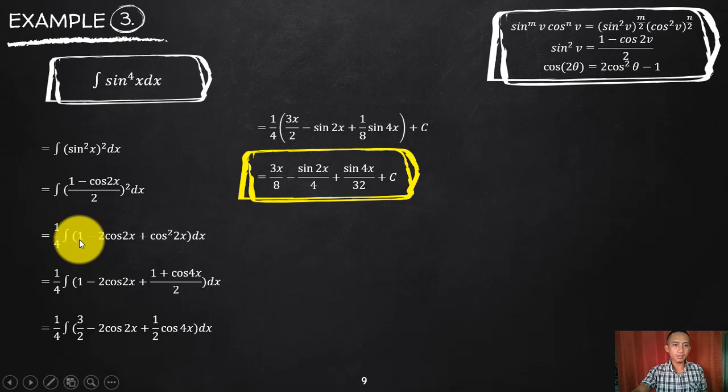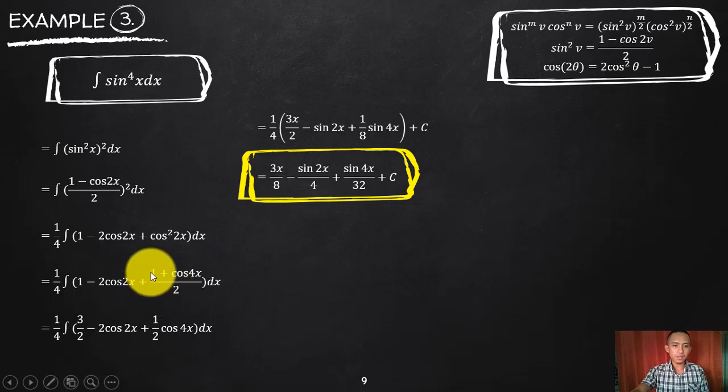So 1 is integratable, cosine 2x is integratable since there is no exponent. But the third term is a cosine squared, and we cannot yet integrate this one. Again, making use of the other identity, where cosine becomes plus, I change that into the twice angle equivalent: 1 plus cosine twice the angle. Your angle is 2x, so that becomes 4x all over 2.